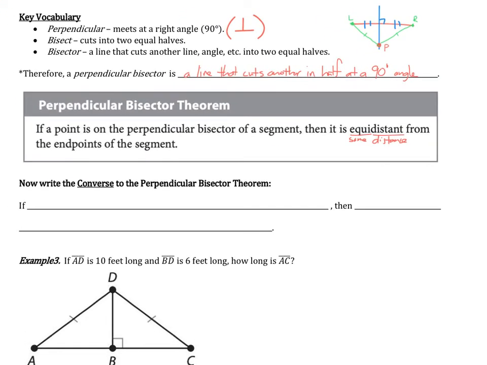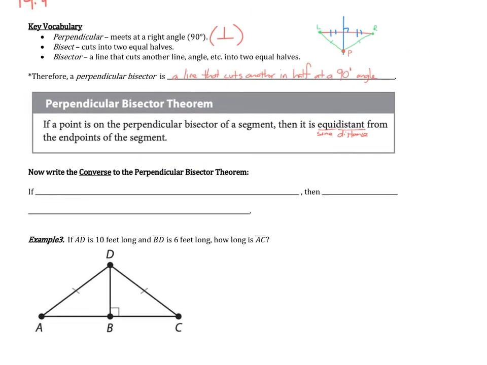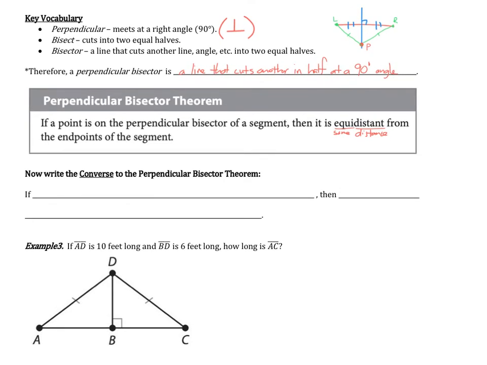So now, if we want to write the converse of that, go ahead and try to write the converse, now that we've talked about converses and we have the theorem in front of us. Go ahead and pause it for a second while you try to write that down.